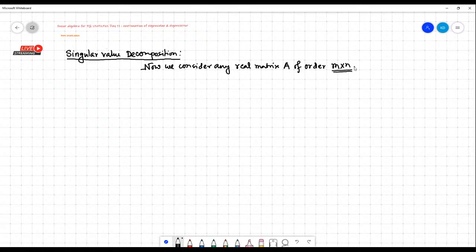In this case also we can have a spectral decomposition.